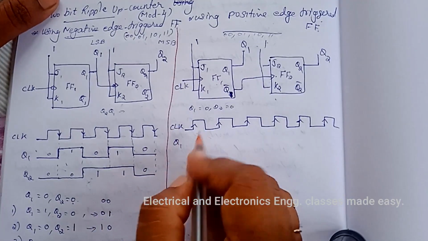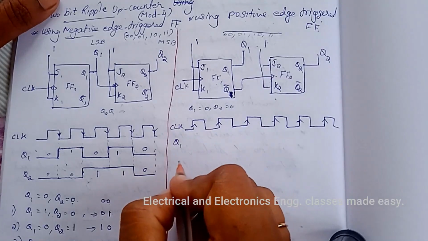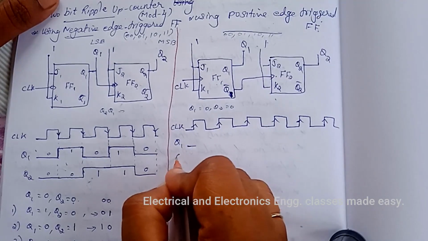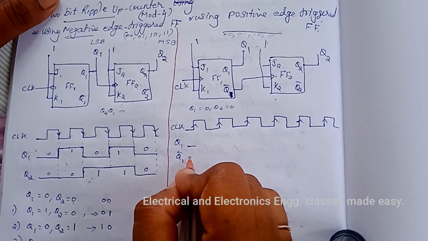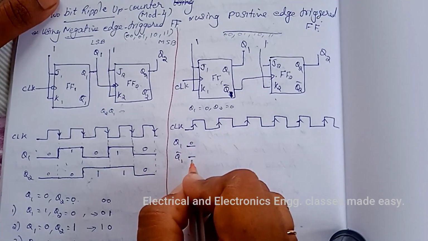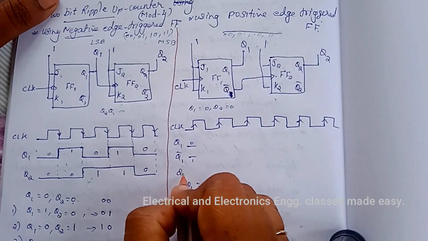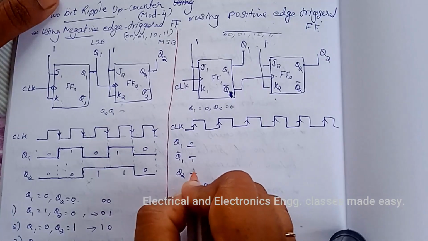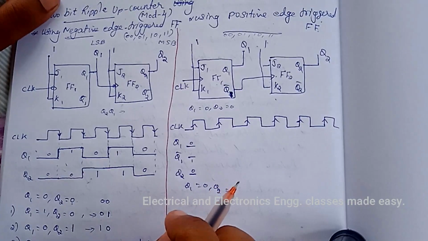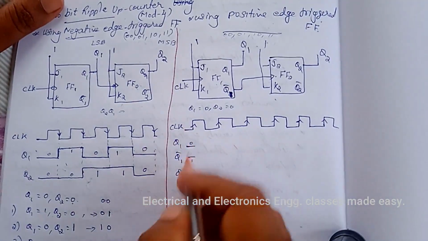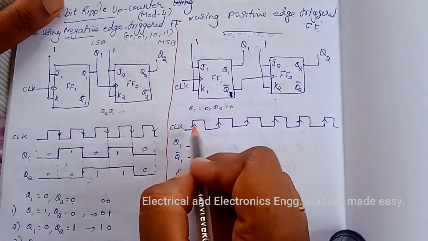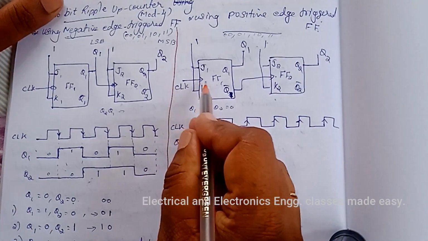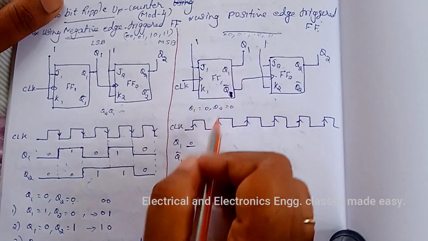So initial conditions are Q1 equal to 0 and Q2 equal to 0. Q1, and here we have to draw Q1 bar also. So that is high, then Q2 is 0 initially. Then after the first clock pulse, at the positive going edge of the first clock pulse, Q1 toggles.